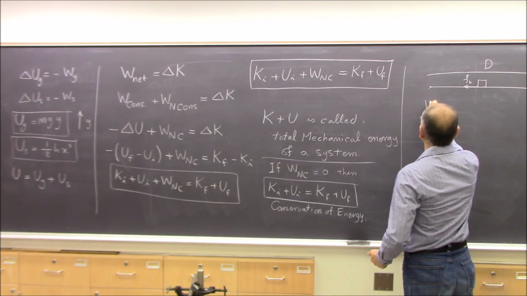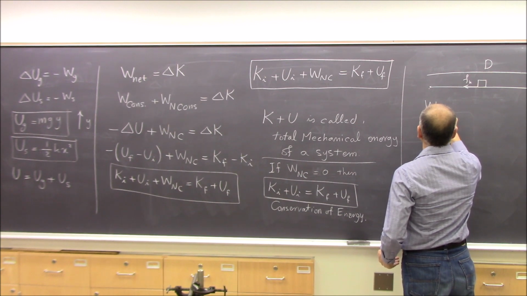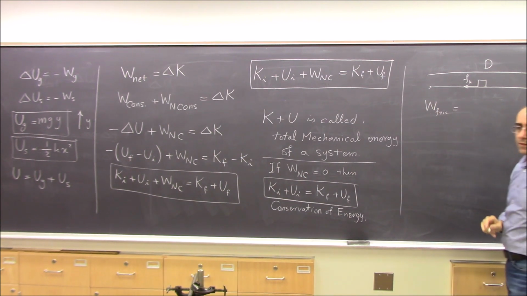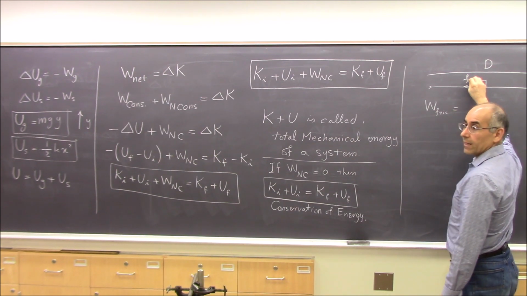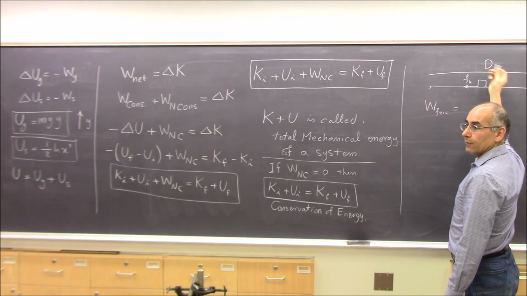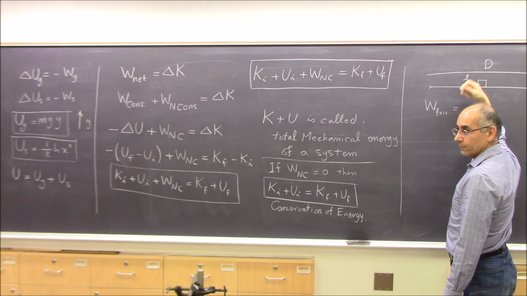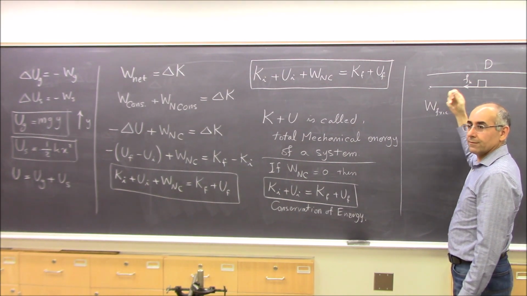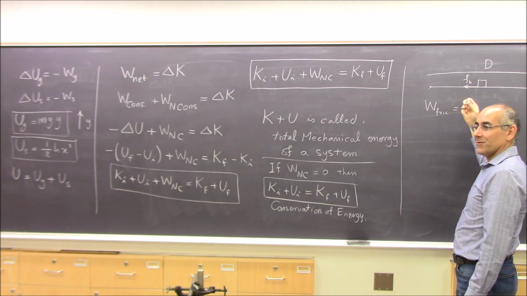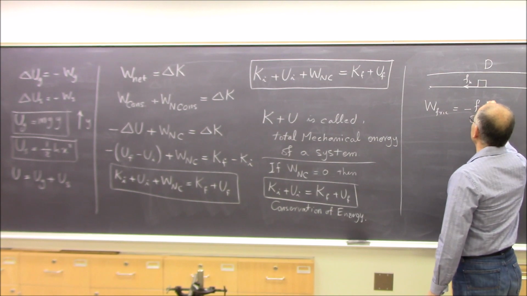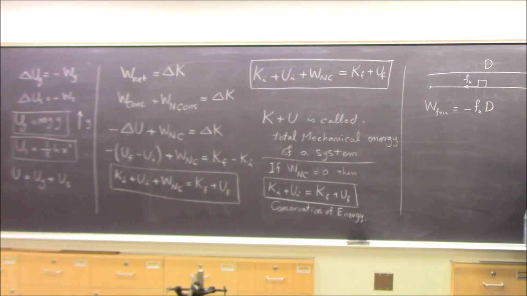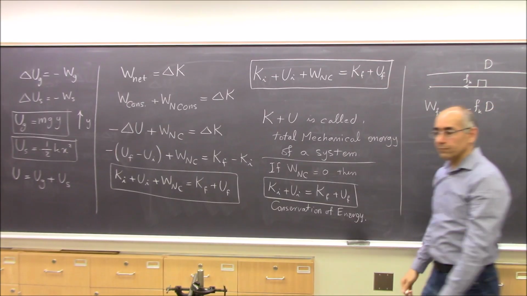Then work of friction, which is usually the only non-conservative force that's working, is equal to magnitude of d times magnitude of fk times cosine of the angle between them, which is 180. Cosine of 180 is negative 1. So it becomes negative fk times distance, if fk is constant.